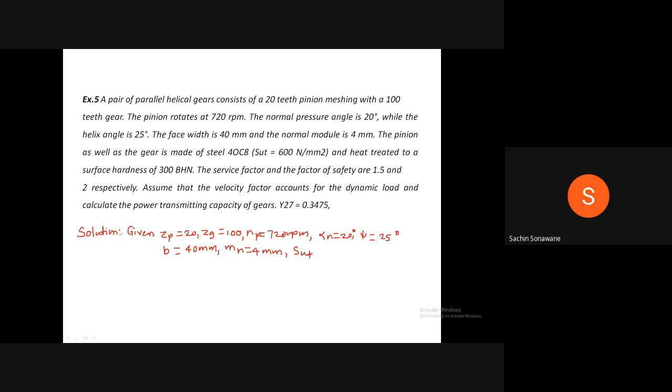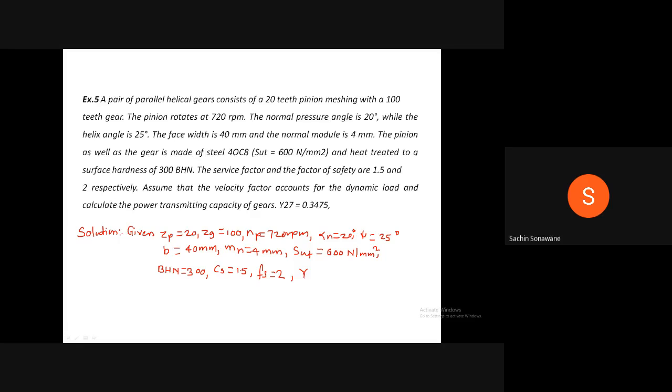SUT is equal to 600 Newton per mm square. Brinell hardness number BHN is equal to 300. Service factor CS is equal to 1.5. Factor of safety is equal to 2.